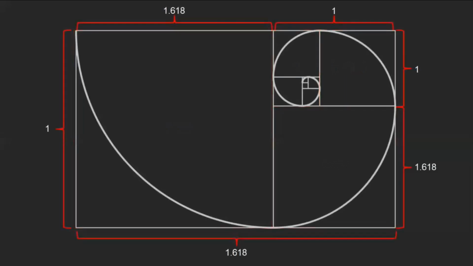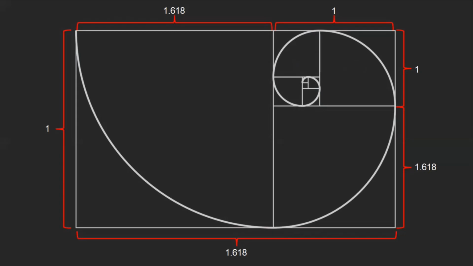So too here, the smaller of the two shapes containing an area of 1 to the larger 1.618, and so on, and again so on until we come back to our fully broken down golden mean rectangle.